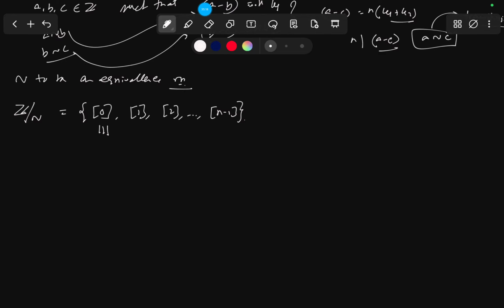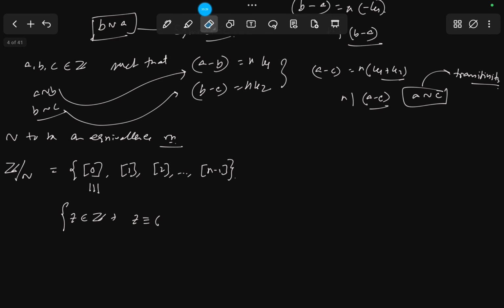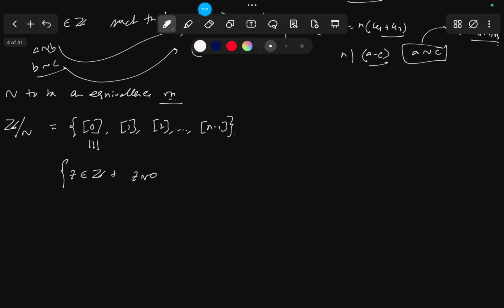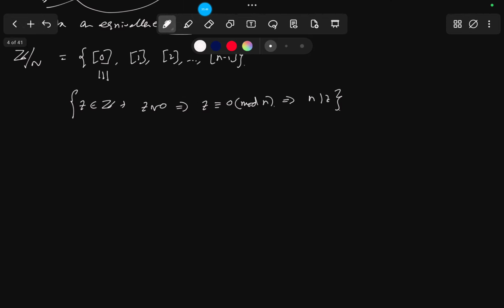So what is 0 bar? 0 bar is basically the set of all small z belonging to capital Z such that z is equivalent to 0. That means you can write that as z is congruent to 0 mod n, or more precisely, that n divides z. Okay. What about 1 bar?